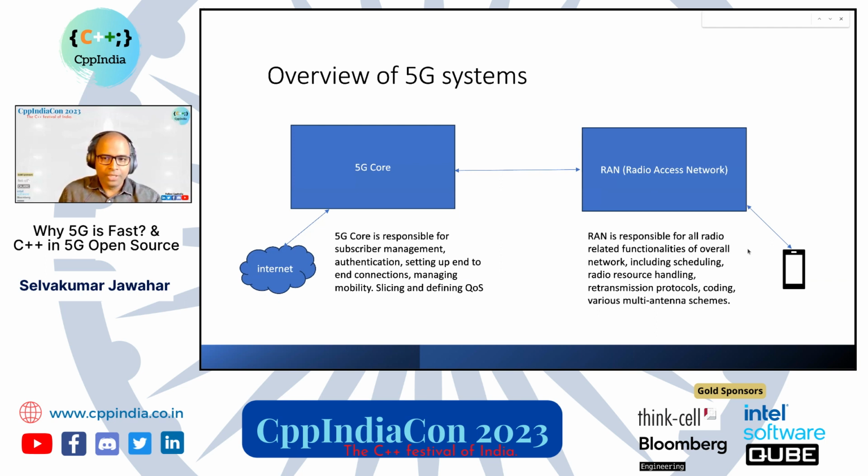Your mobile devices or any 5G enabled devices connect to the RAN, and the RAN connects back to a 5G core, which provides access to the internet gateway. Typically the RAN and 5G core are connected using high-speed fiber optical links.